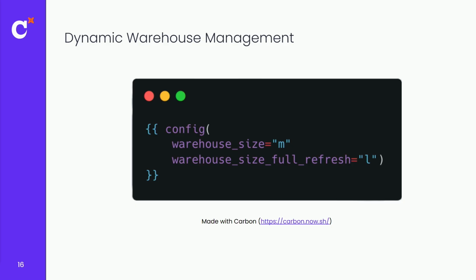Some very smart engineers that I work with, not me, I can't even remotely take credit, created this. Basically some abstractions via macros where in the config block, you can say what the warehouse size is, and that's going to be for most materializations as well as your incremental. And then for the full refresh.